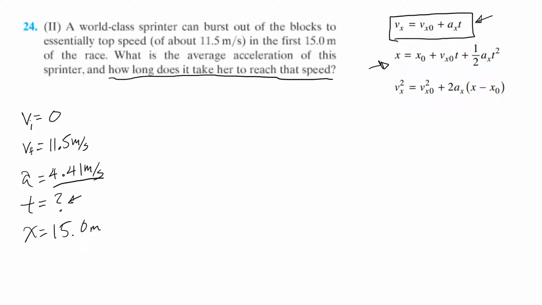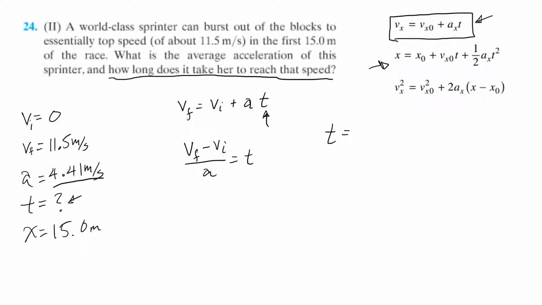Here, let's try V final is equal to V initial plus acceleration times time, right? So let's just solve for time. Let's rearrange it. So that means V final minus V initial divided by A is equal to the time. So let's plug in.